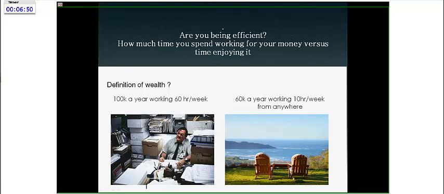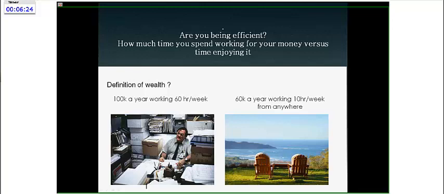And if you know what type of stock you're looking for, you should be able to develop scans to find that too. In The 4-Hour Workweek, it talks about who's the wealthier guy, the $100,000 a year guy working 60 hours, or the guy working 10 hours making 60,000. And I would argue it's the latter.